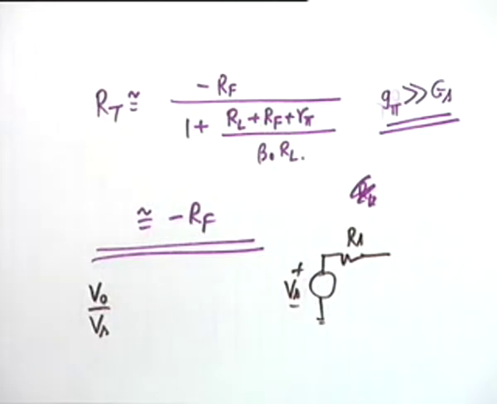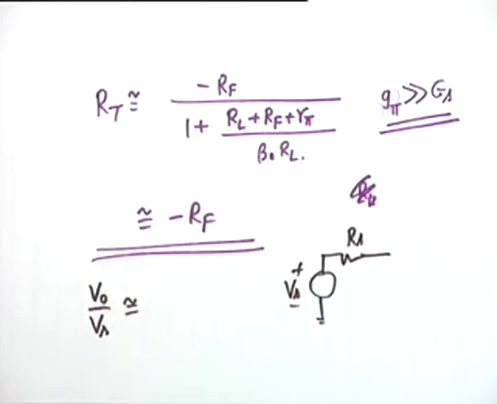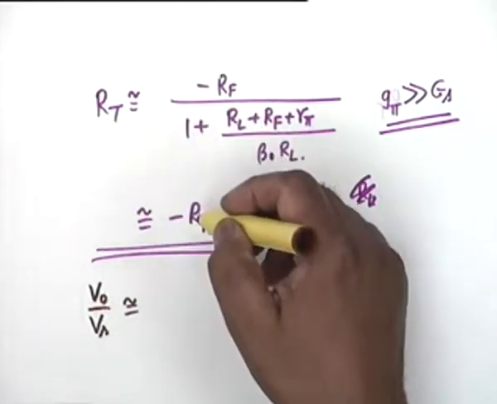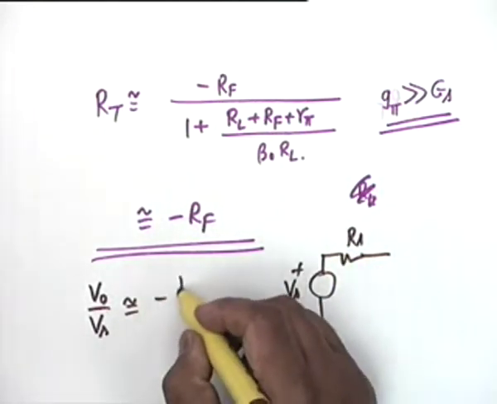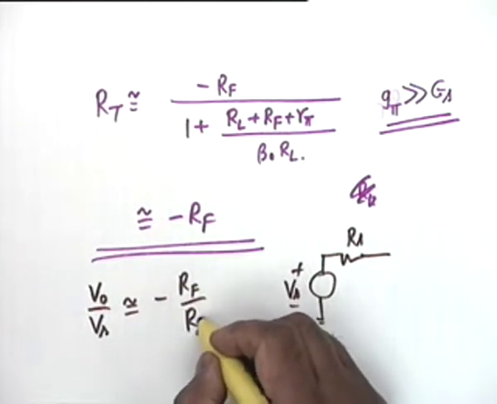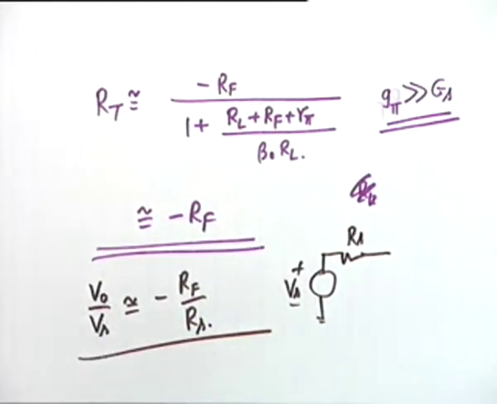Can you tell me then what would be V0 by Vs? Approximately equal to V0 by Is, which is minus RF, and Is is Vs by Rs, so minus RF divided by Rs. Isn't this very similar to an inverting op amp? Feedback resistance divided by the series resistance Rs. Agreed?